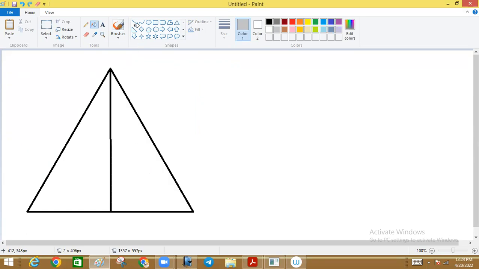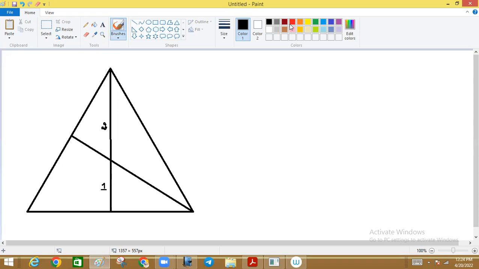Now see here, I'm drawing the other two medians as well. First of all, let me draw median 1. Yeah, this is one median. Centroid divides a median in what ratio? 2:1, which means if it is 2 parts, this is 1 part.